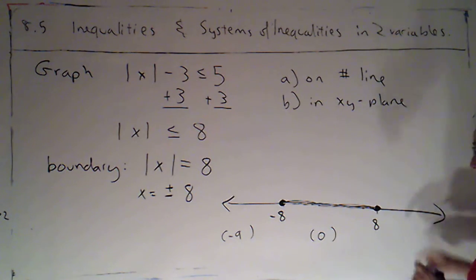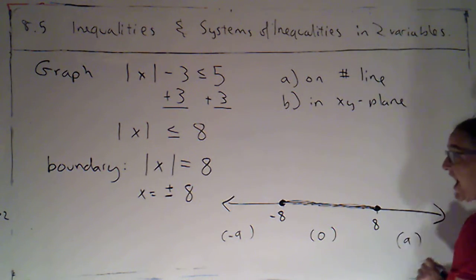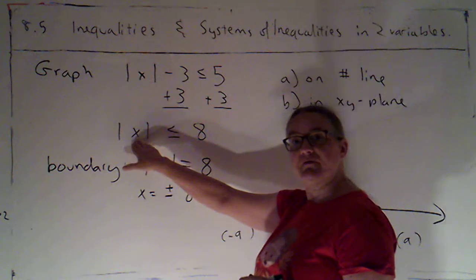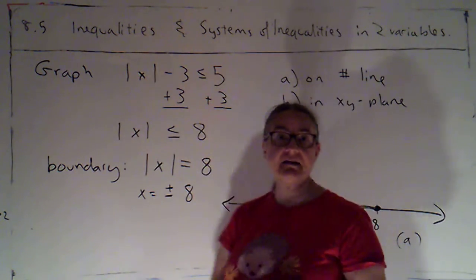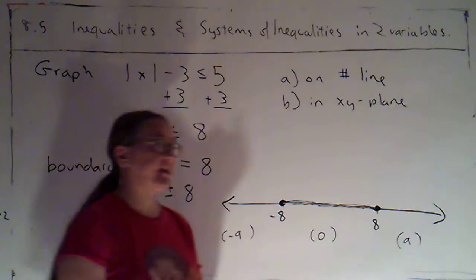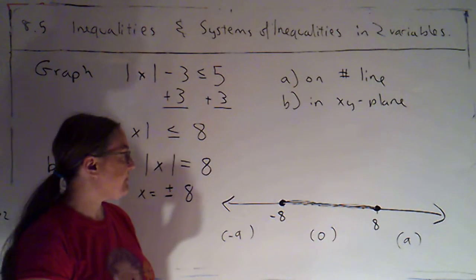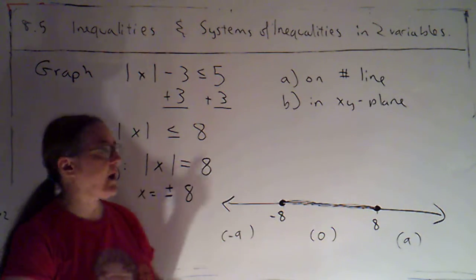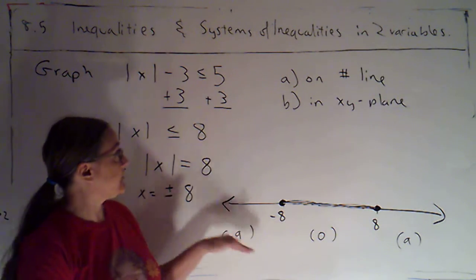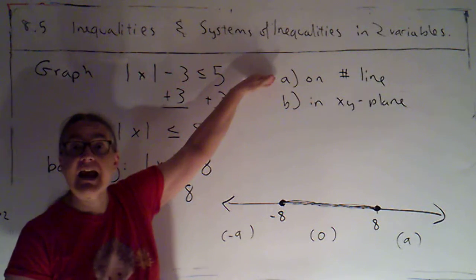To the right of 8, let's choose 9. Absolute value of 9 is 9. That is not less than or equal to 8. So we will not shade this part. So this would be our solution set if we were graphing this on a number line. So that's our answer to part A.